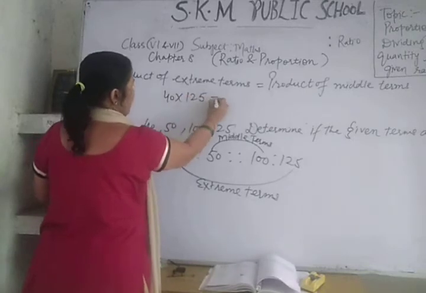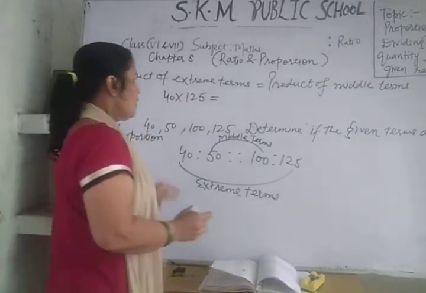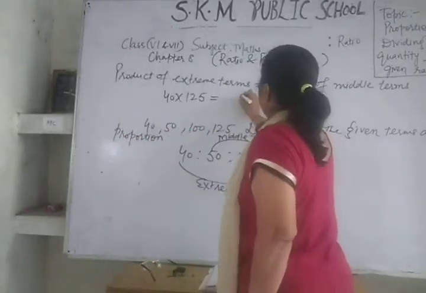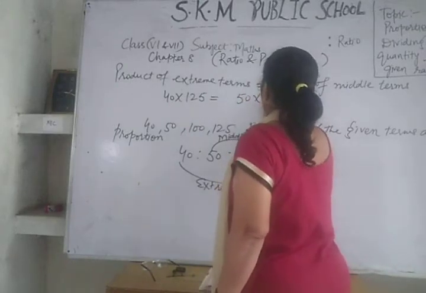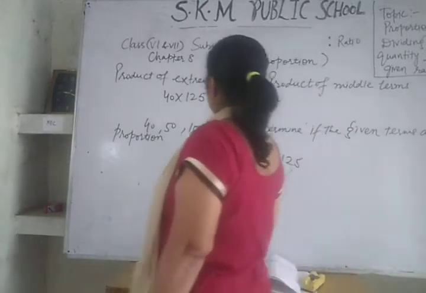Product means multiply. That should be equal to the product of the middle terms, 50 into 100.